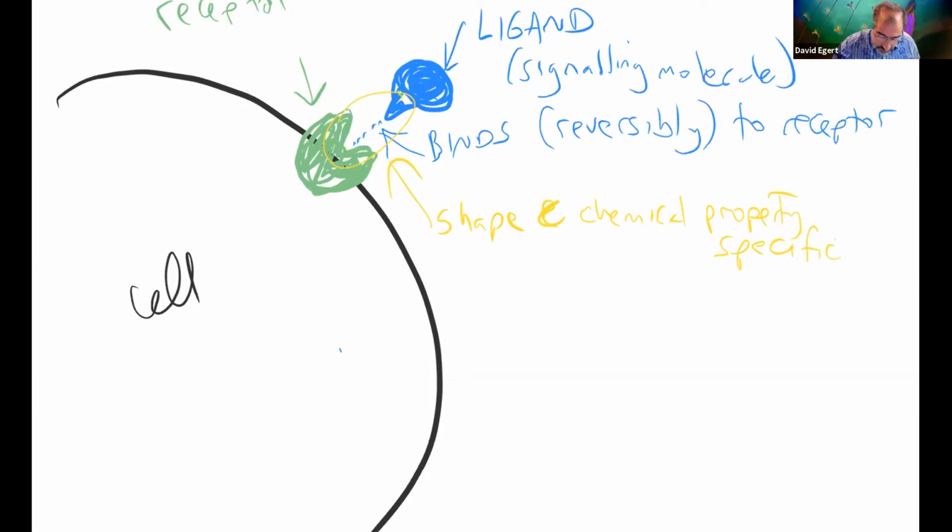So if you have a receptor that binds serotonin, and then you have a dopamine, the dopamine isn't going to have the right shape or chemical structure to bind. Only things that have a very specific shape and chemical structure are going to bind and activate this thing.